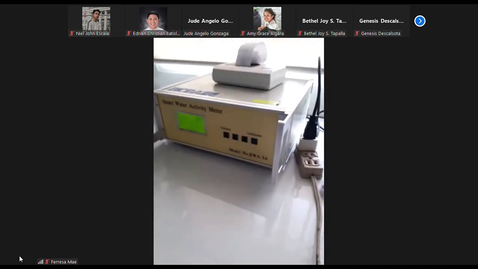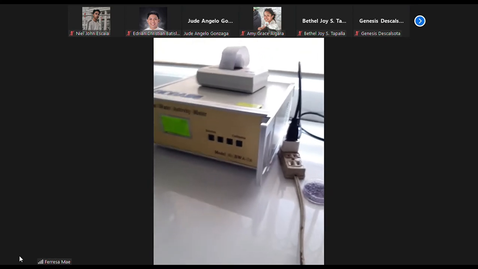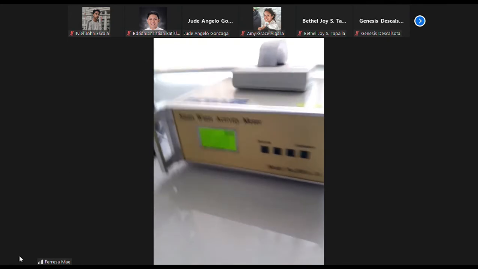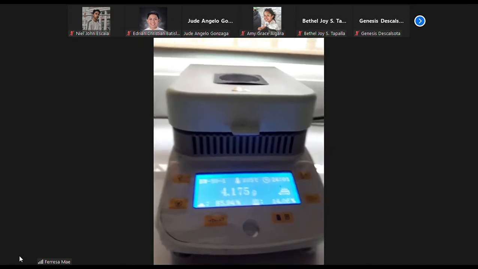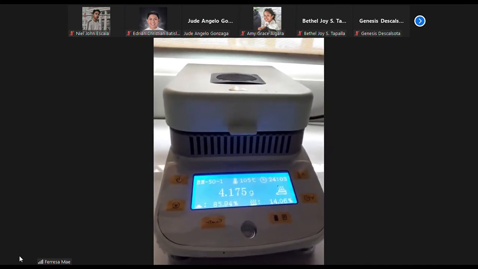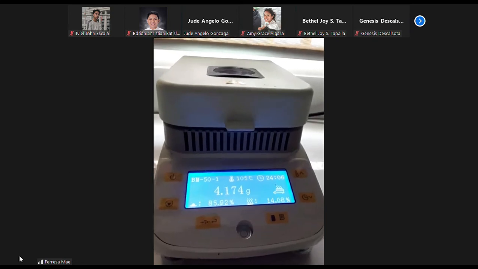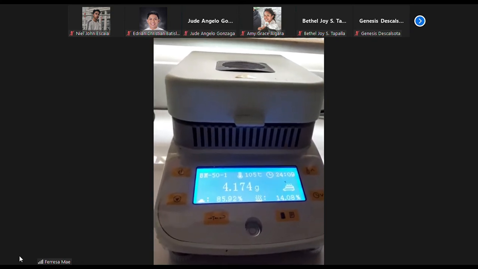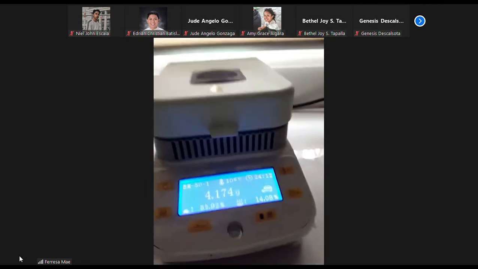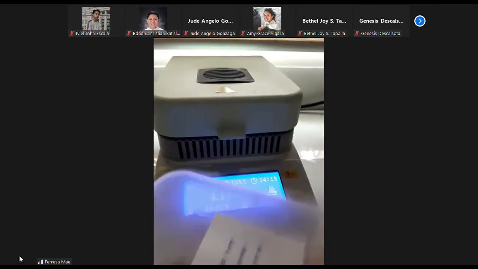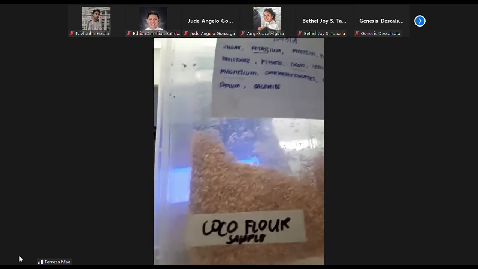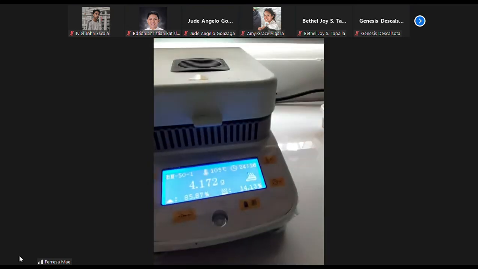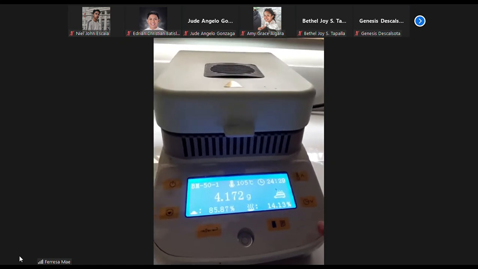Excuse me, Miss. Question ni Jude, Miss. Sa moisture analyzer, Miss, ga-vary man ang time kada sample, lain-lain. Oo, depende siya sa sample. Kay for example, aton nga cocoa flour, medyo dry na siya nga daan. Wala na siya mayo water. So, hindi siya moist. So, dasig lang siya matapos mag-analyze sa moisture analyzer.